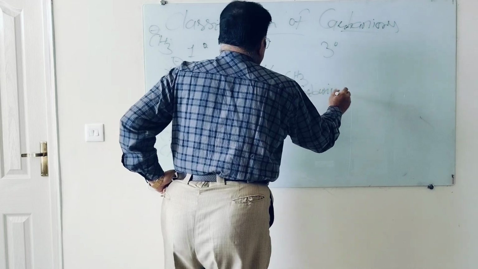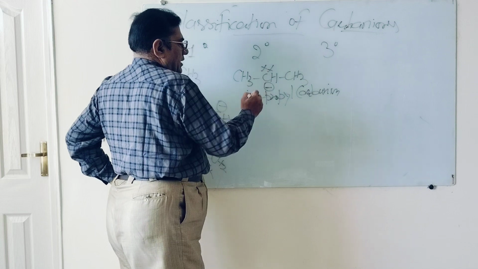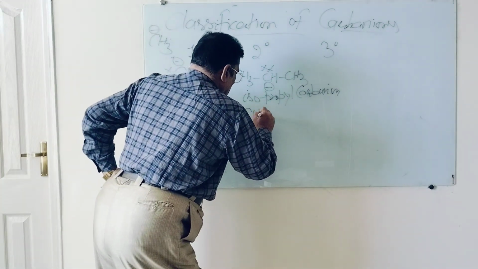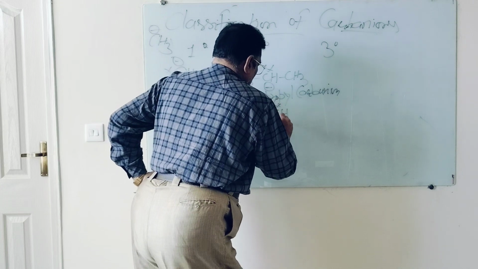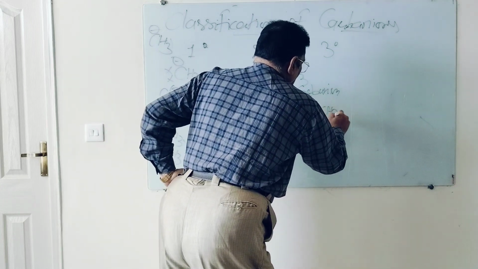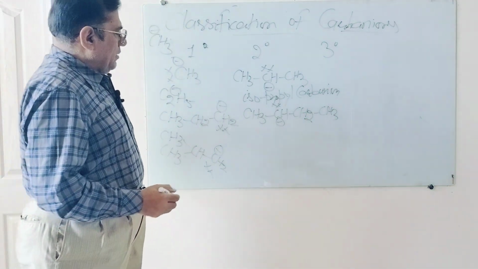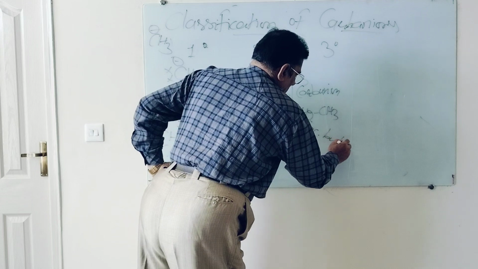This is 2 degree because this negative charge carbon is attached to 2 carbons. Then this is secondary butyl, which is also 2 degree.